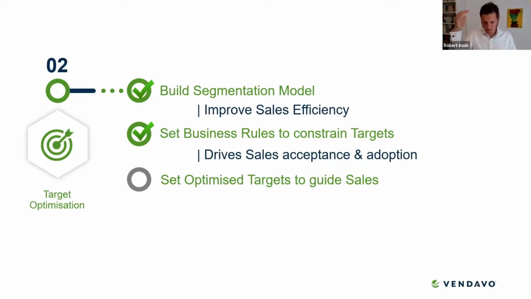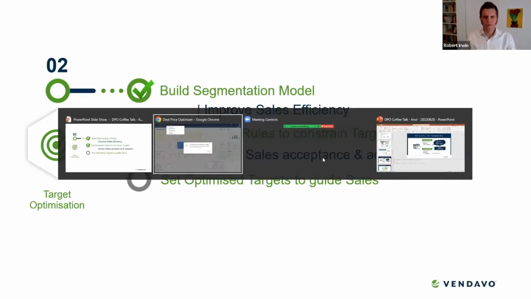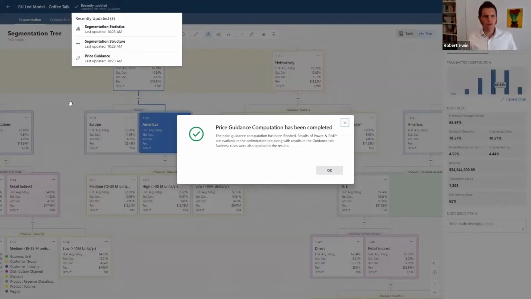So I can choose between the algorithm, setting a manual percentile, or setting a manual percentage at any level of the segmentation model and have that inherit down through the model. So, three steps for that process.